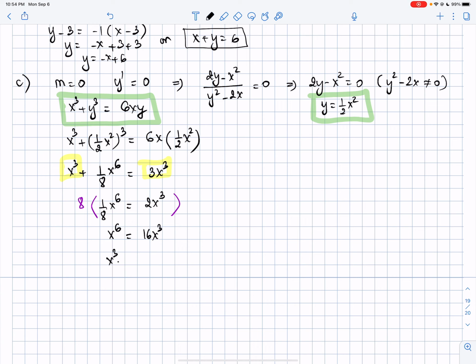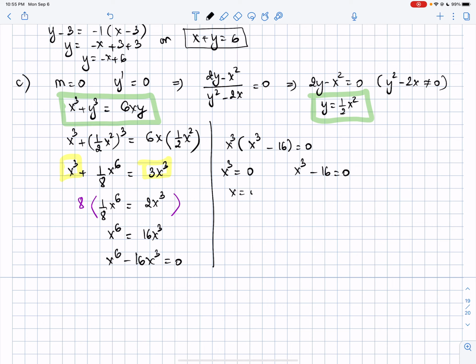Then move everything to one side, and I'm going to solve this by factoring. I'm going to factor out the x cubed. Then I got x cubed times x cubed minus 16 equal to 0. Then we have x cubed equal to 0 and x cubed minus 16 equal to 0.